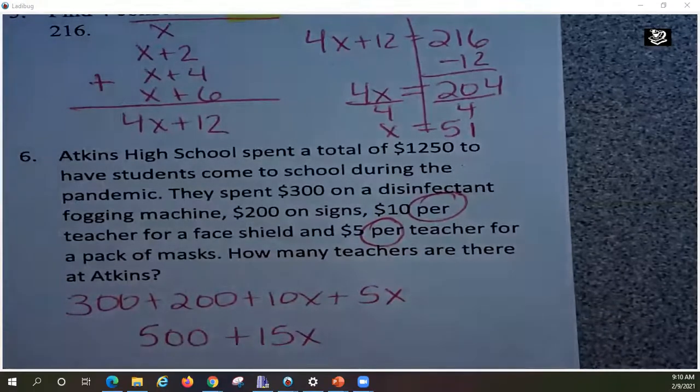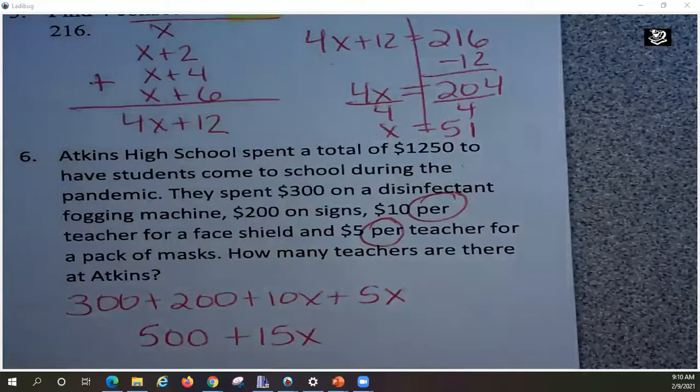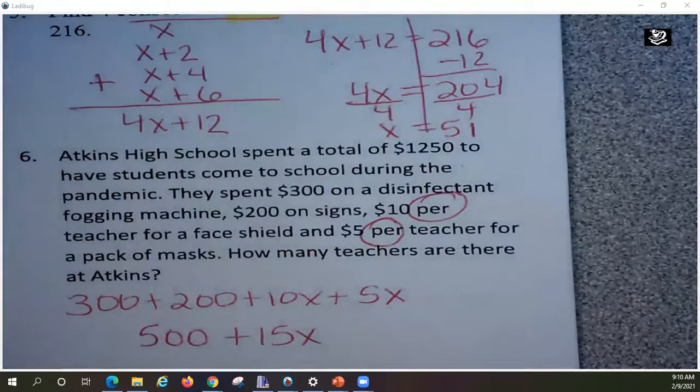Chase, what else should I do? Chase, you there? Divide. What information have we not used in this problem, Chase? I do not know. All right, read the first sentence, Chase.